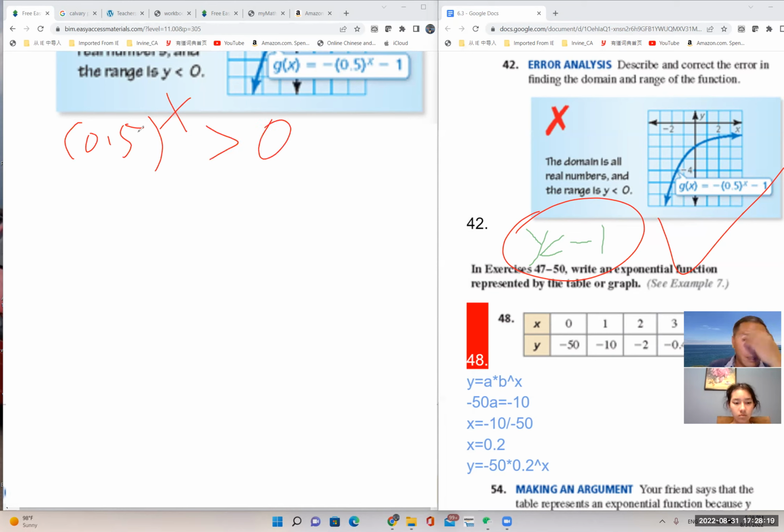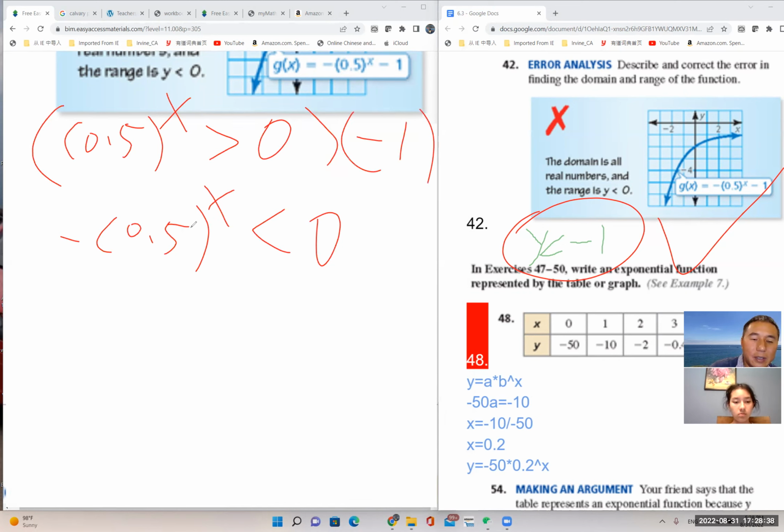So first, you should have this basic knowledge. Then if both sides are multiplied by a negative, then the negative of this goes to less than 0, correct? How do we make it? Just multiply both sides by -1. 0 times -1 goes to 0. But on this side, you have a negative in front. As both sides are multiplied by a negative number, you should reverse the inequality, right?